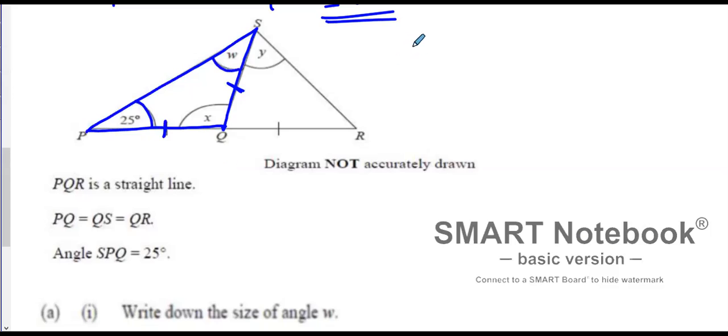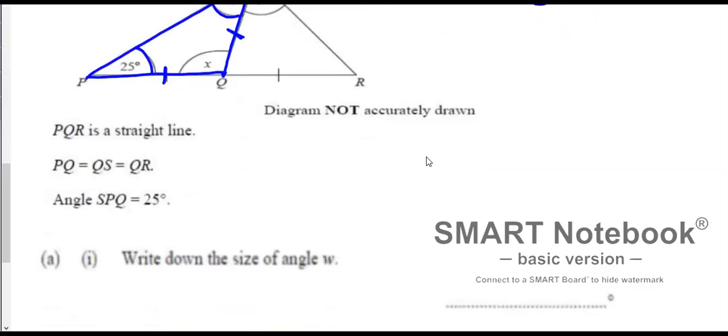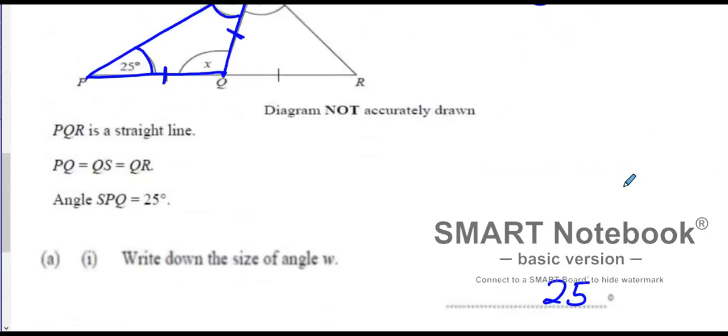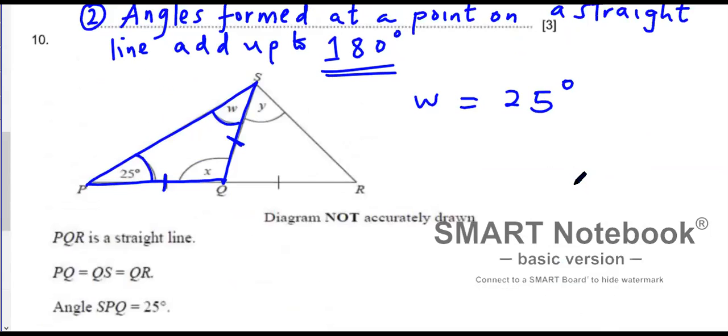So W equals 25 degrees. So W in this case equals 25 degrees. Now, if W is 25 degrees, then we can find the value of the angle marked X.